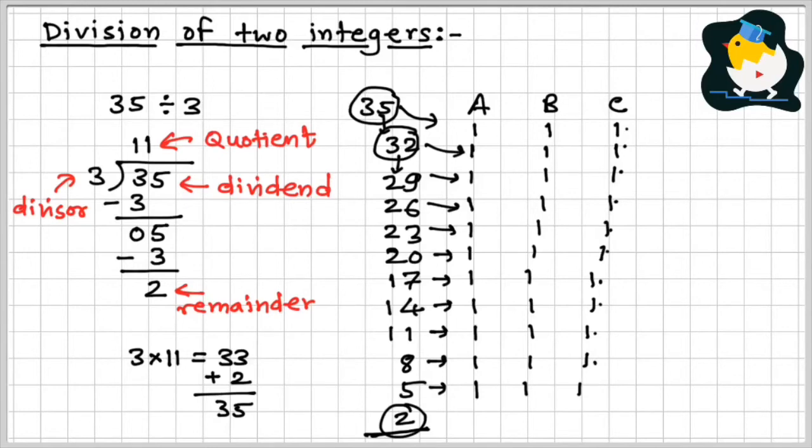We are going to use it for our further studies, and that's why I want you not just to remember, but to understand it also: dividend is equal to quotient multiplied by divisor, plus remainder.